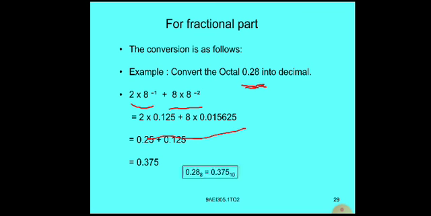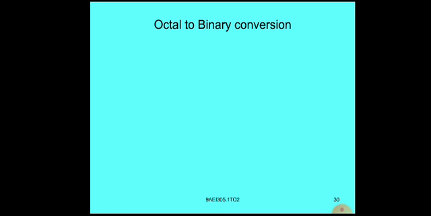Now we have discussed so far binary to decimal conversion and decimal to binary conversion, and we have completed the octal number system. We have converted decimal numbers to octal numbers and octal numbers into decimal numbers.